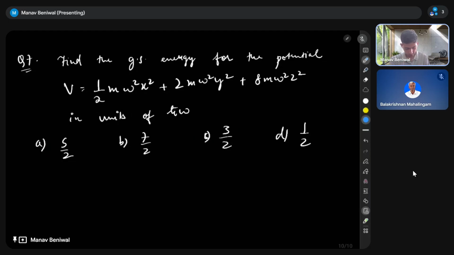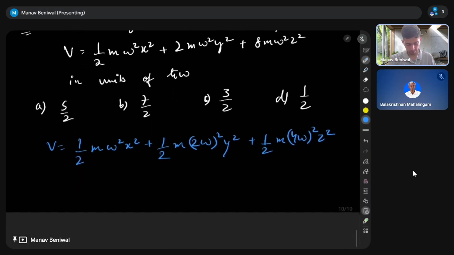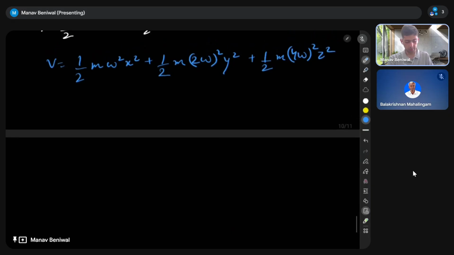So we will rewrite our potential as half m omega squared x squared plus half m 2 omega squared y squared plus half m 4 omega squared z squared, right? Because 4 squared will give us 16 and dividing it by 2 will give us 8. Similarly, this will give us 4 by 2, which is 2. So all things are okay, just some basic arithmetic we have done.